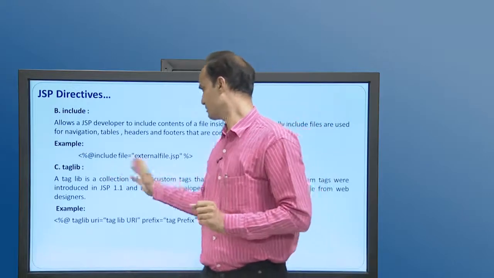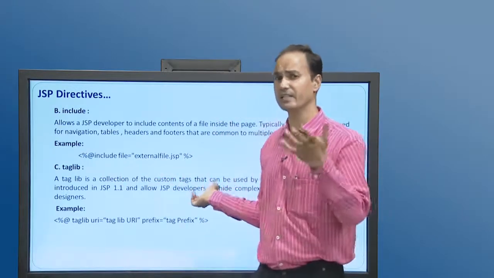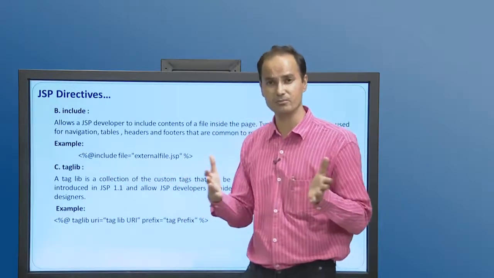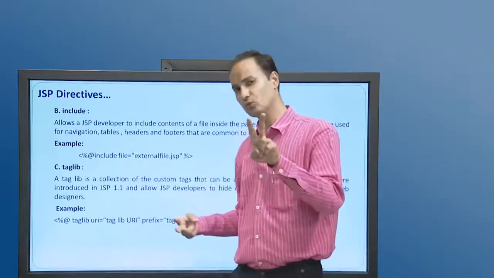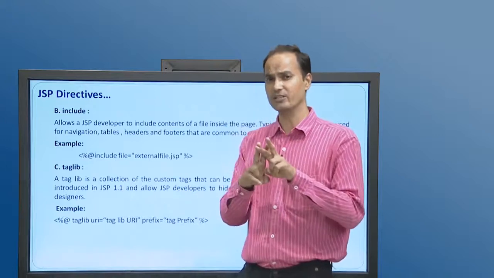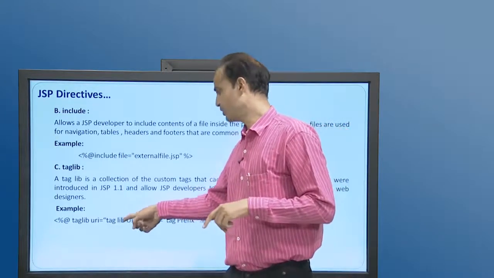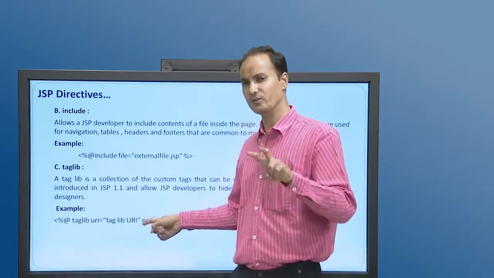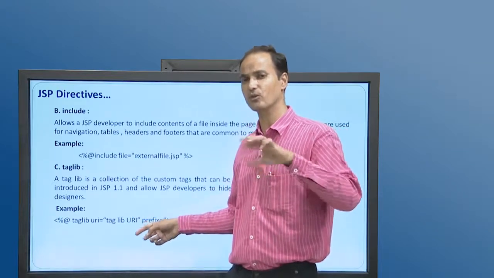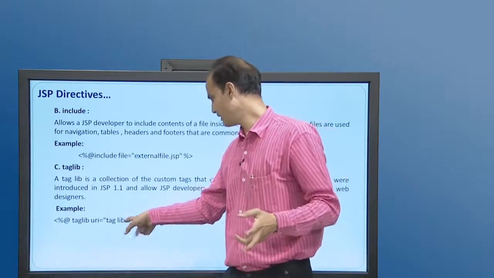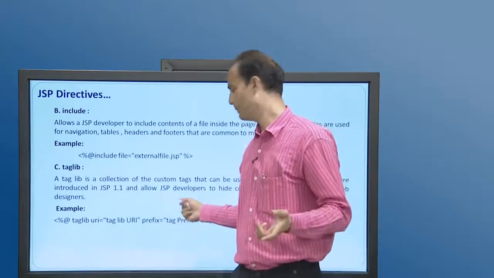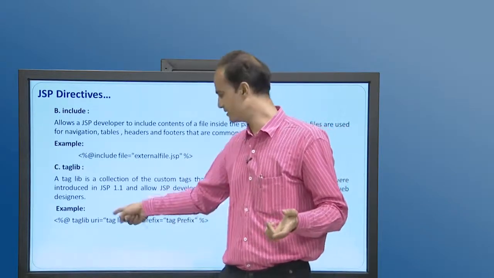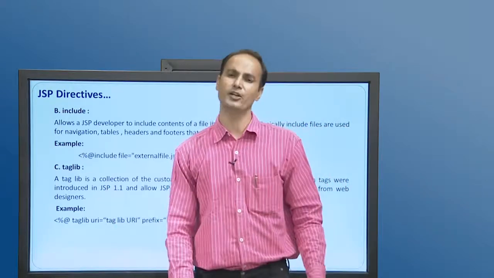If you want such inbuilt taglibs to be available in your JSP file, then use the taglib directive, which has two very important required attributes. URI specifies the uniform resource identifier, that is, which resource you are going to use. The prefix is the name with which you will use it, and using that prefix you can access the functionality of the specified URI.